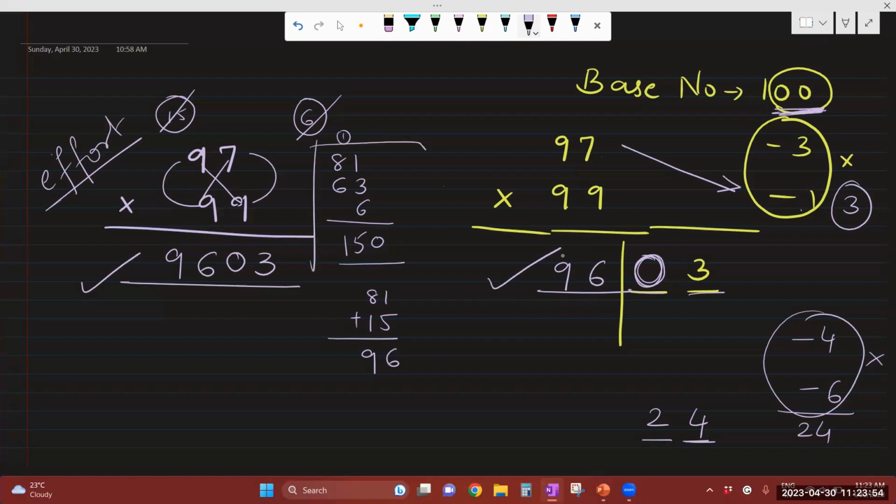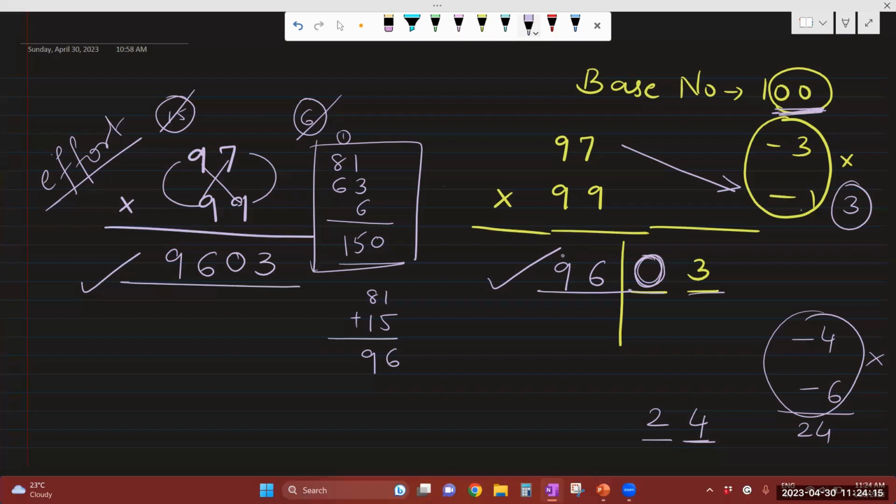Just imagine such big numbers like 97 and 99. This is a 2-digit number, but we'll also do 3-digit numbers, and in that case also it will help you get answers very quickly.